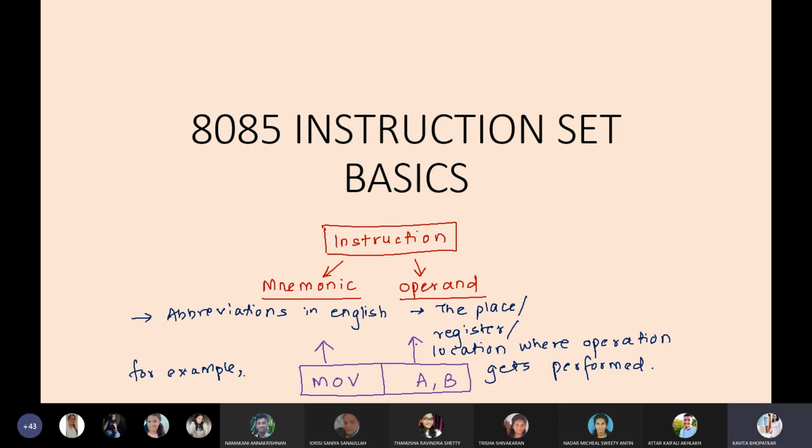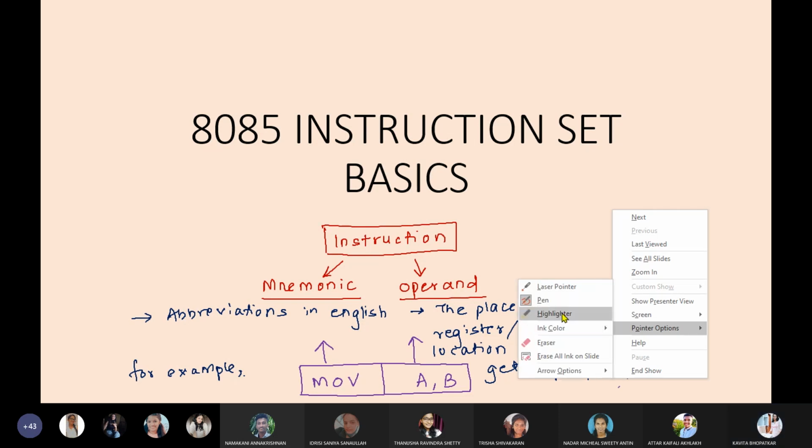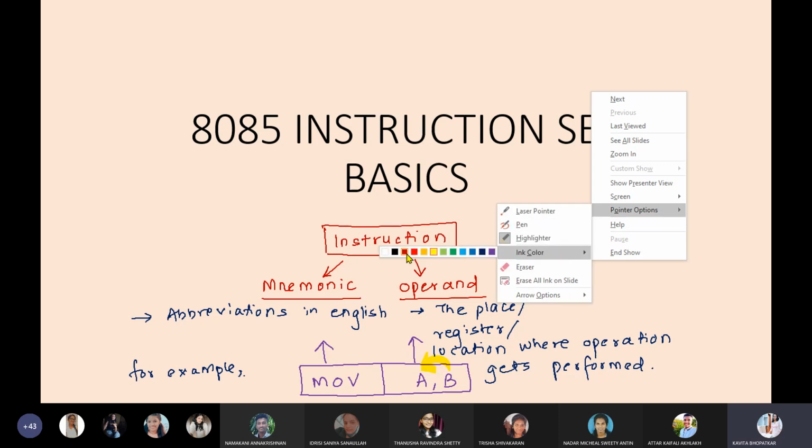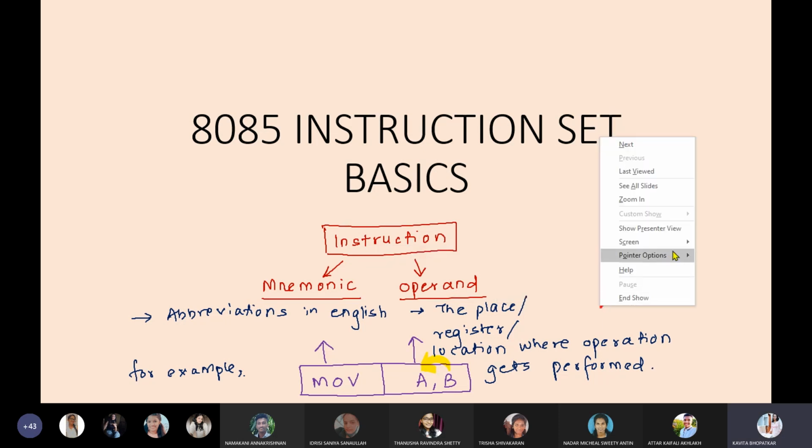MOV tells you that you are moving the data content from register B to register A. The movement, that is the copy, will be from register B to register A.